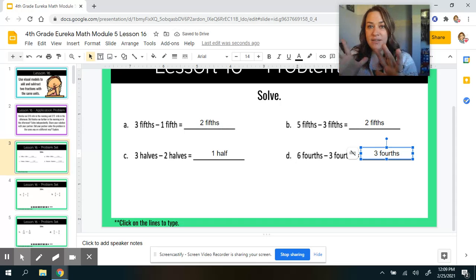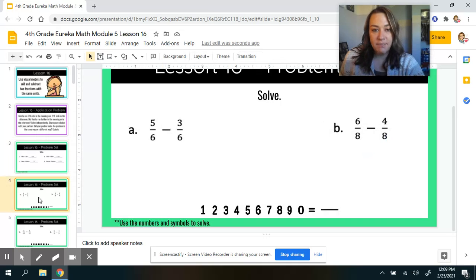Like I said, basic addition, basic subtraction, but we're doing it in fraction form. When we don't have common denominators, that's when we have to do a little bit more changing and moving. But in this lesson, all of our denominators will be the same.